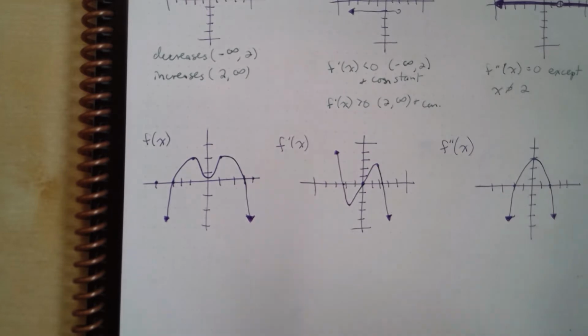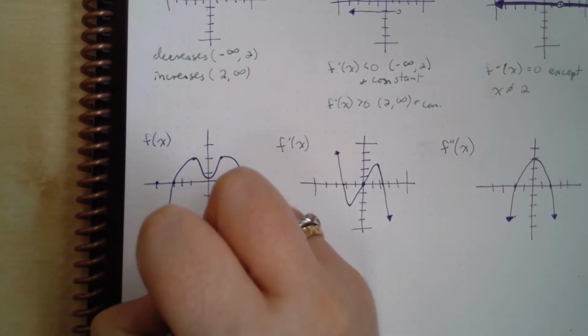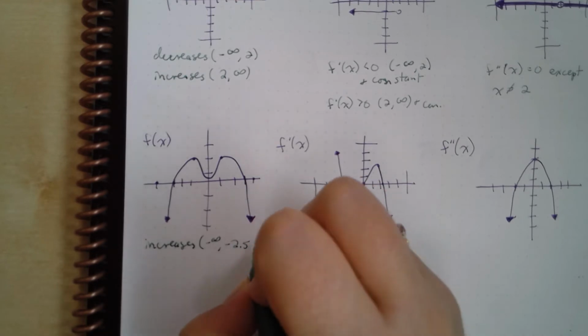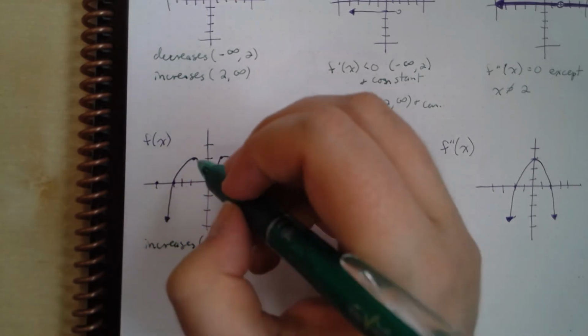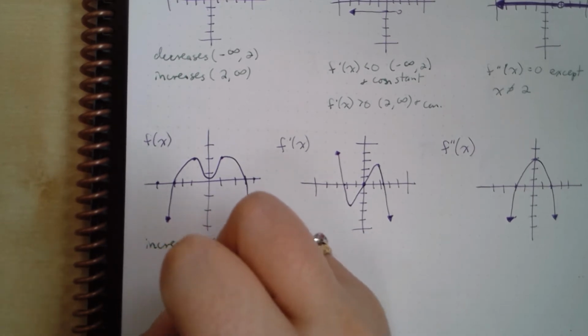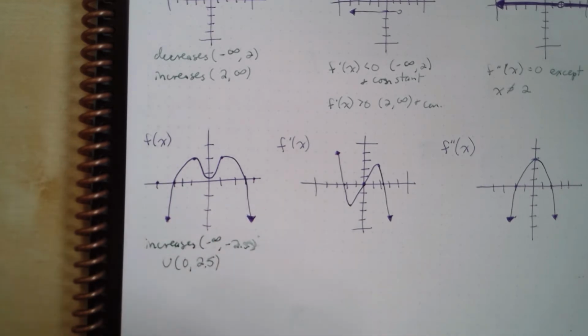We have this beautiful equation. I didn't draw it very well, but it increases from negative infinity to negative 2.5, and right here, this is that negative 2.5, and then again from 0 to 2.5, right? Beautiful.